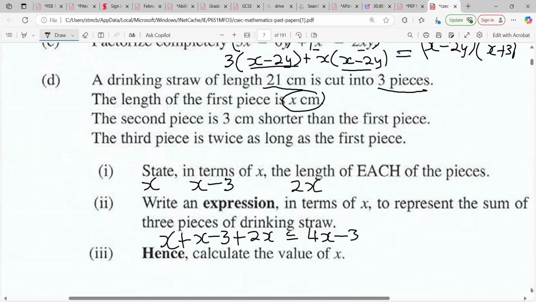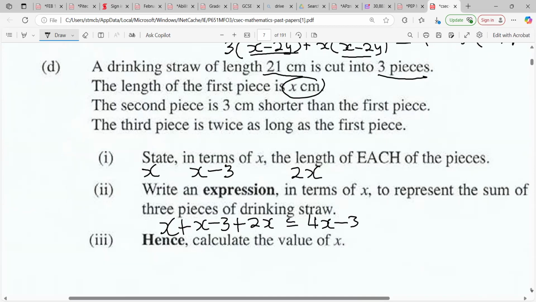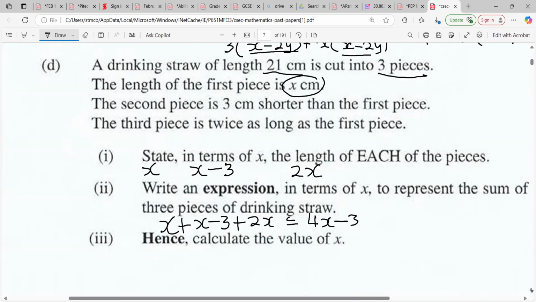It said hence calculate the value of x. So how can we calculate the value of x? That should be easy, right? Because they told us at the start that it was 21. So I'm going to use the simplified version: 4x minus 3, and that must equal 21.